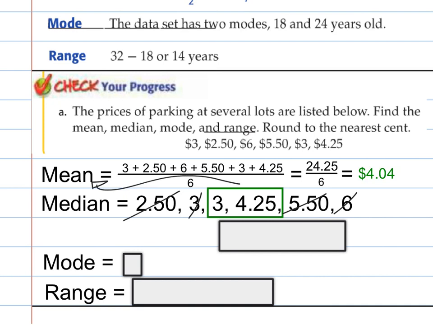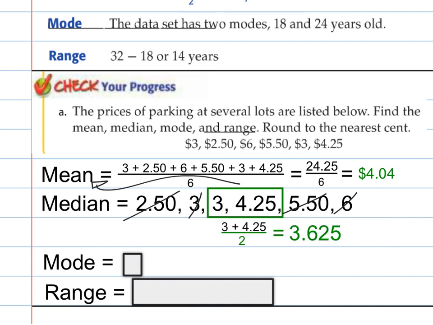I add $3 to $4.25, divide by 2, and I get $3.625. We want to round that to the nearest cent, which is to this place. So $3.63 would be the median.